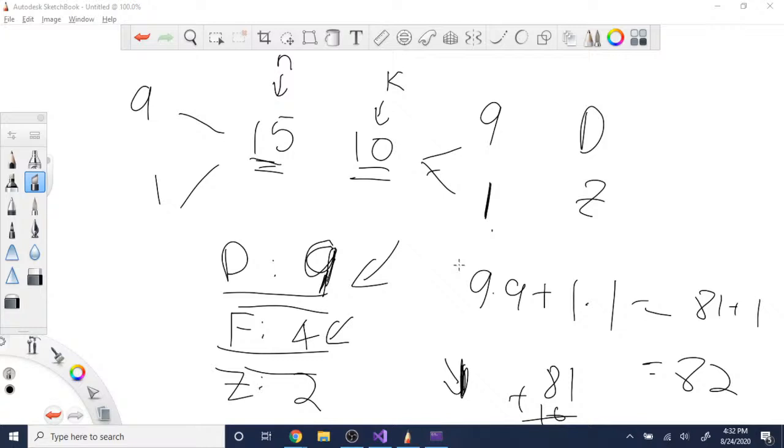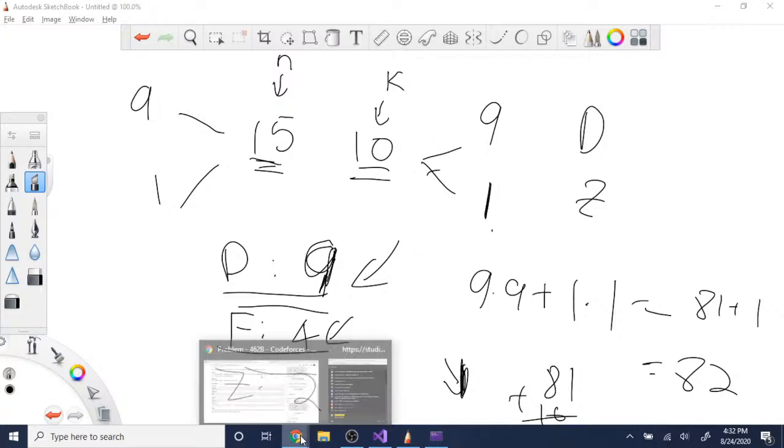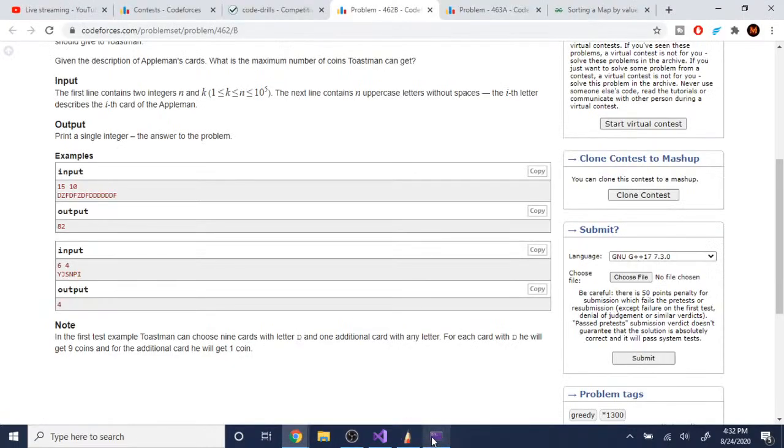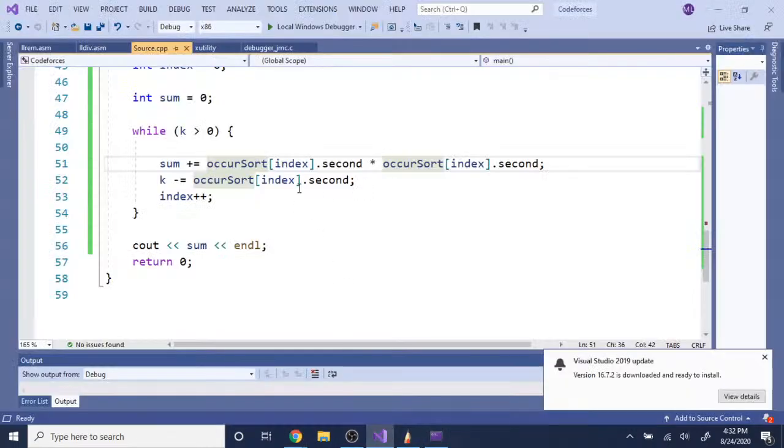Actually, you just want 1. So after you get one character, you have to just multiply by itself.